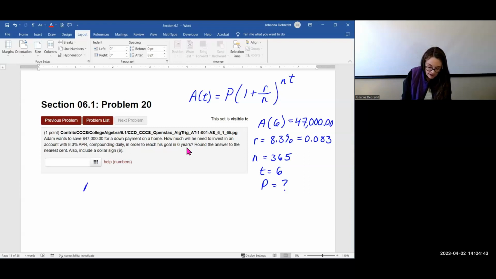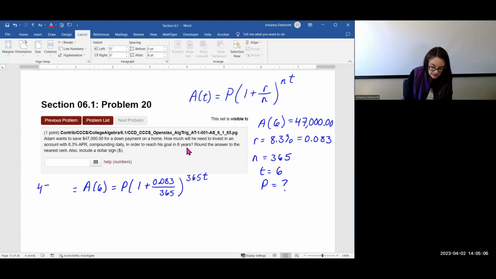So I have A of 6 equals unknown P times 1 plus 0.083 divided by 365, to the power 365t. And I know my A of 6 is 47,000.